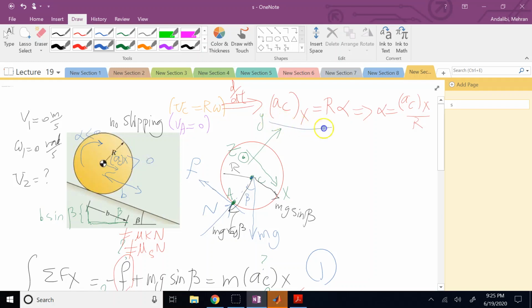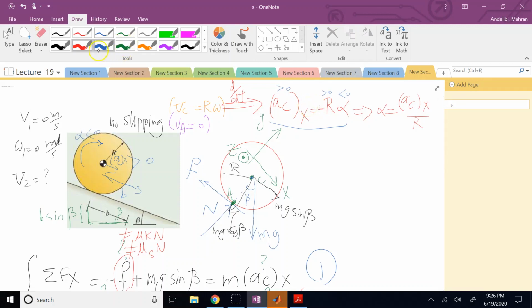So when you look at this equation, it cannot be if we are observing the sign, because r is always positive and alpha is negative and a_c in x is positive. It cannot be, right? Product of positive and negative should be negative, not positive. So this cannot be unless, since alpha is negative, to make the equality hold, I have to add a negative here.